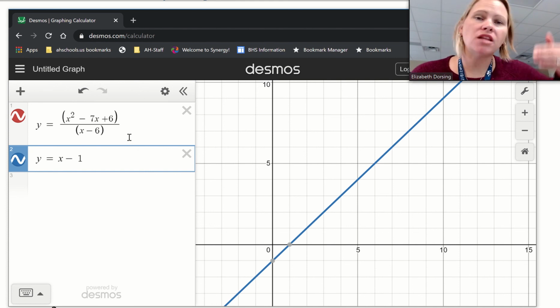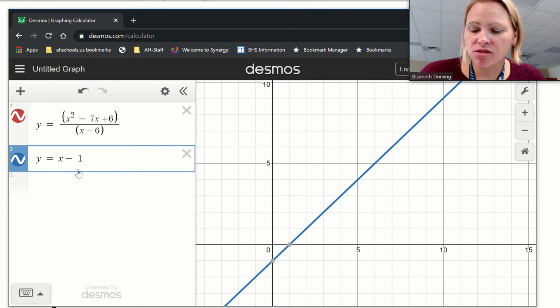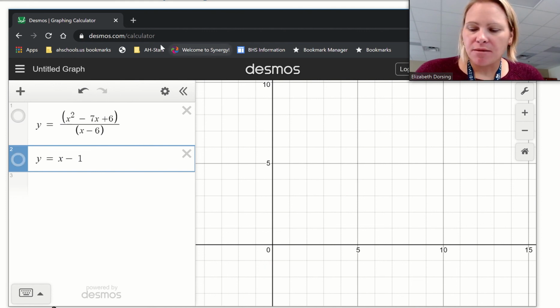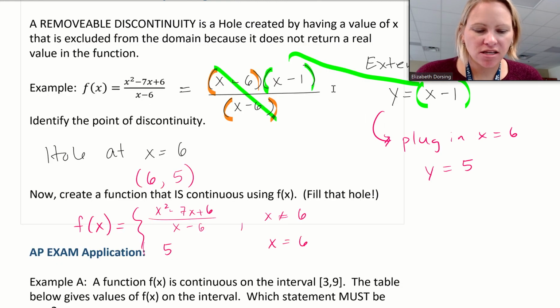So now I'm removing that from the domain, and if I add it back into the domain, I'm going to let it be equal to that value of 5, which is what's in that extended function. So when you cancel out that factor, the graph you get is the exact same graph, but the hole has been filled. So that's how we deal with those sorts of functions and fill that hole. It's called removable discontinuity.